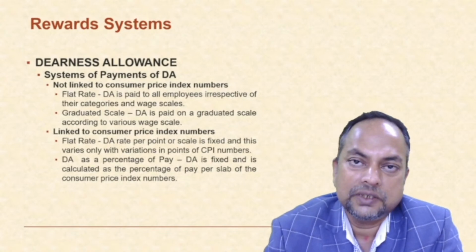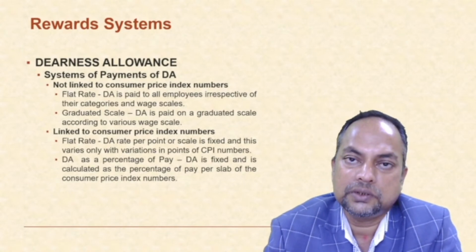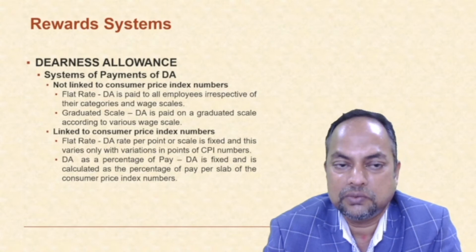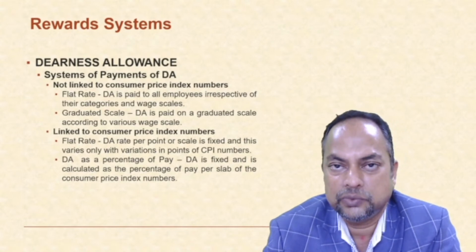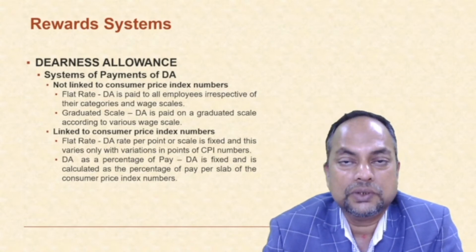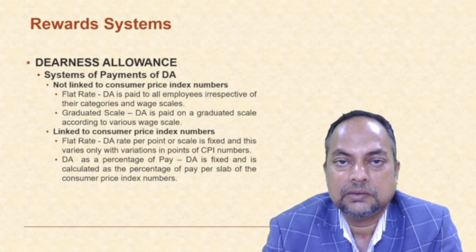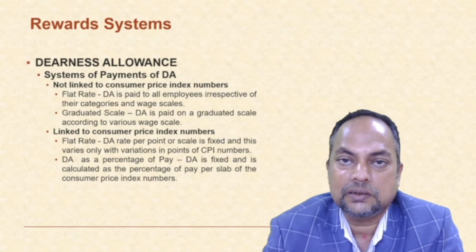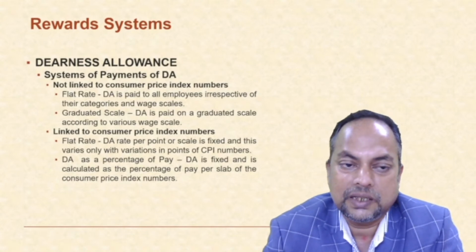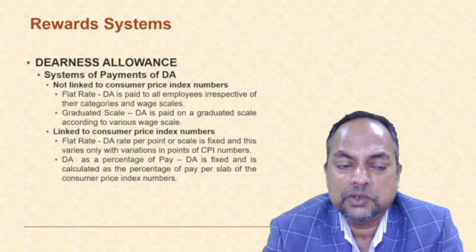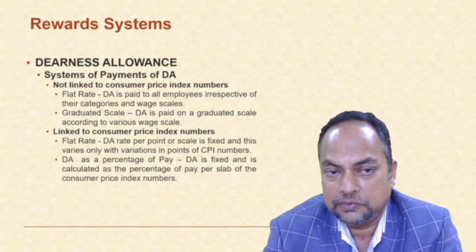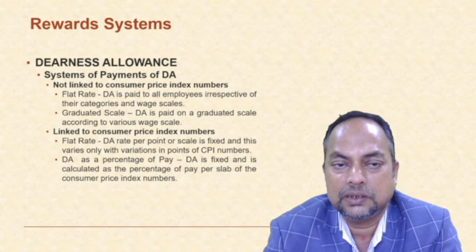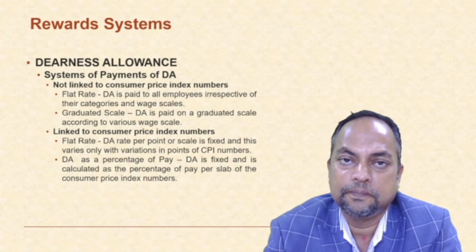A flat rate of DA is a flat amount which is given to all the workers irrespective of their positions, categories, wage scales. But a graduated rate is a DA which is a percentage of their wage scales. So we can think of that. But this flat rate and this graduated rate are not linked with the consumer price index.